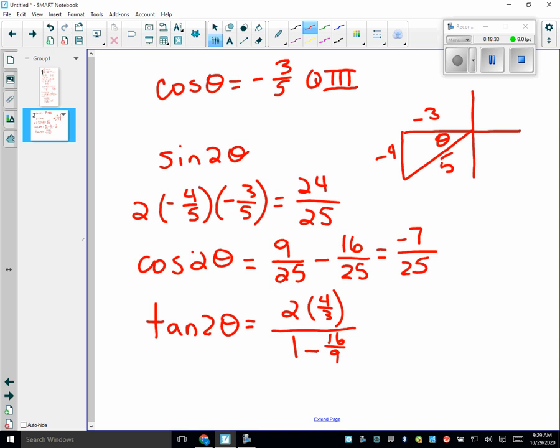Liz, this got easier once you figured that fraction thing out, didn't it? I don't think so. Did y'all get one? Because 2 times 4 over 3 is 8/3.